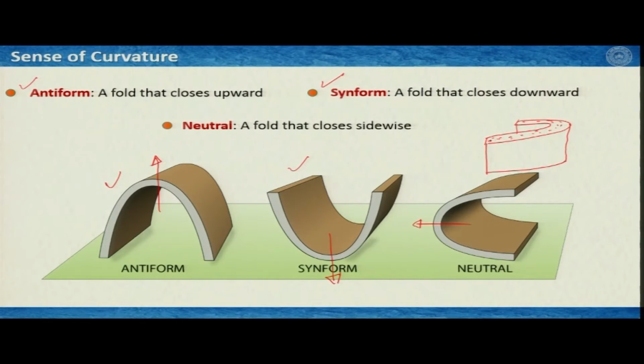This fold has a special name, we will learn it later, but as you can see, this fold is also not closing upward or downward, so this is also a kind of neutral fold. So any fold which is not closing downward or upward, you can group as a neutral fold that closes sidewise.